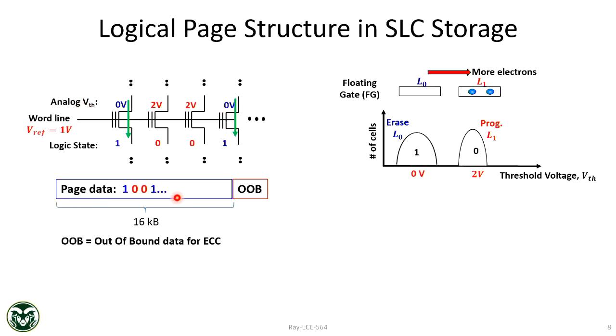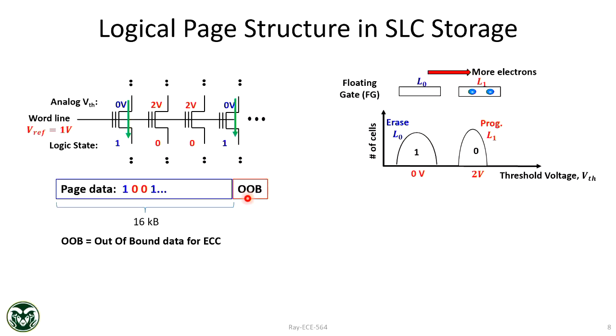Based on your logical data, you will write, and also you will have some out-of-band area to store your error correction code. Whenever you write data for a page, that's 16 kilobyte, even if some bits get flipped, using error correction code you can correct it, like Hamming code.